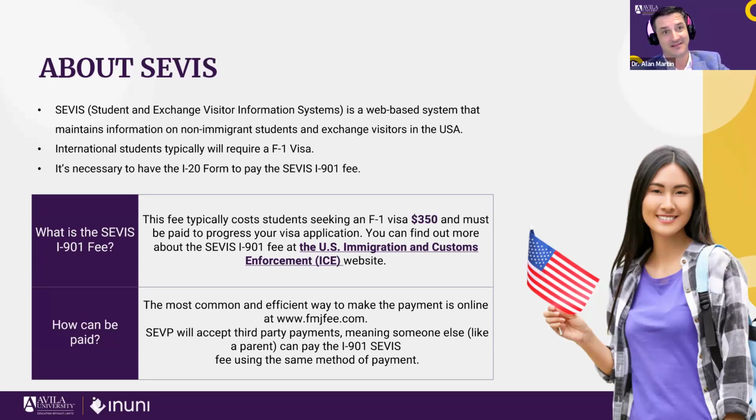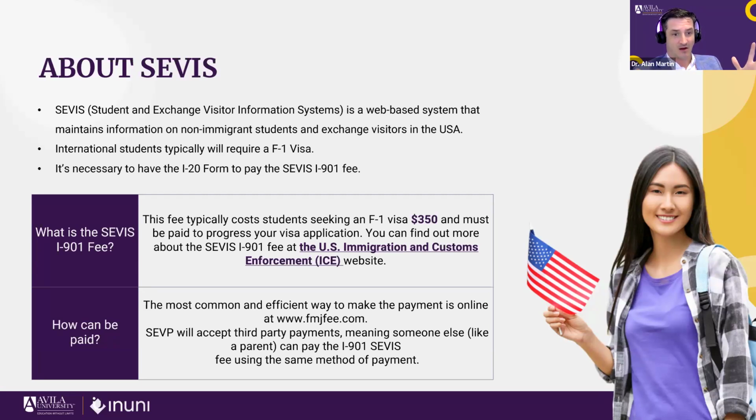Again, the government likes to use these numbers and letters for all of their forms. So the fee for SEVIS is $350. It's a one-time fee for the duration that you maintain your SEVIS record in active student status, that you don't have to pay that again. So it's a one-time payment.